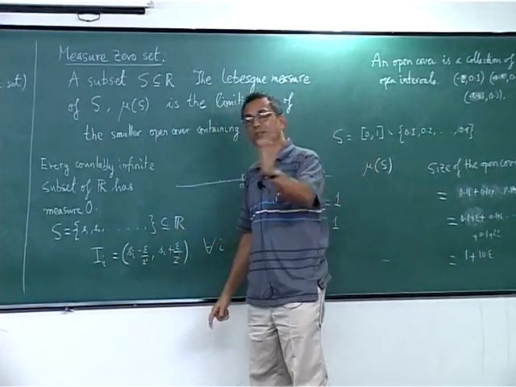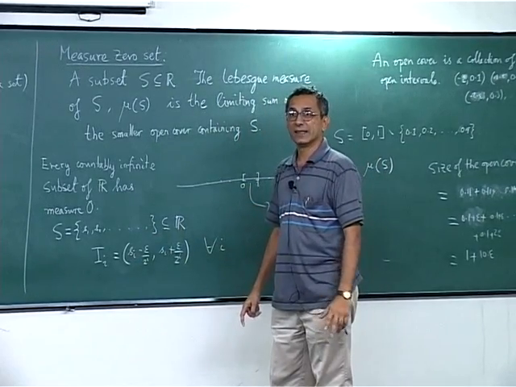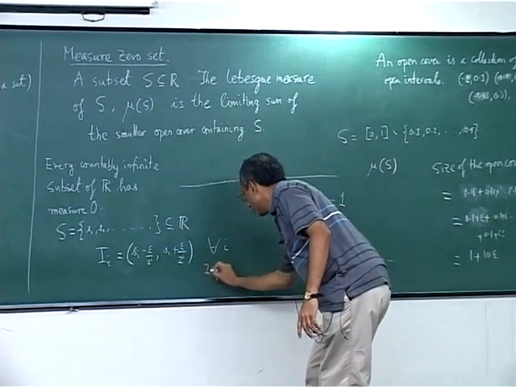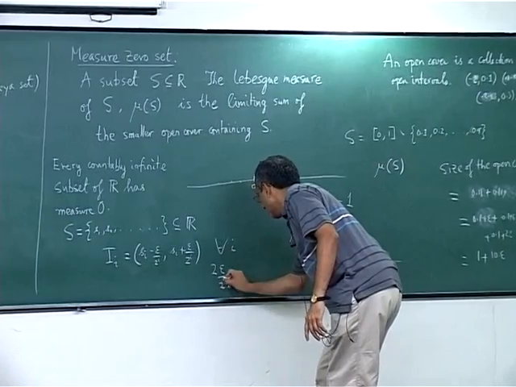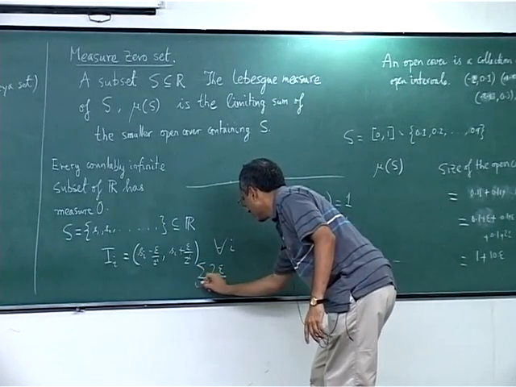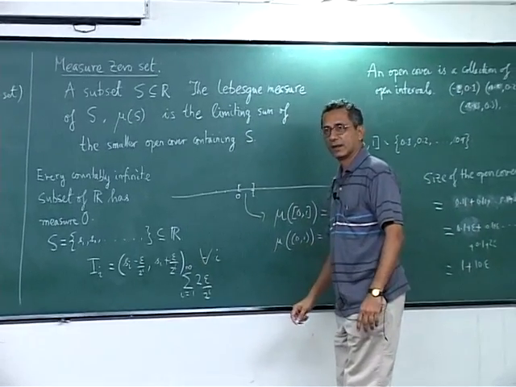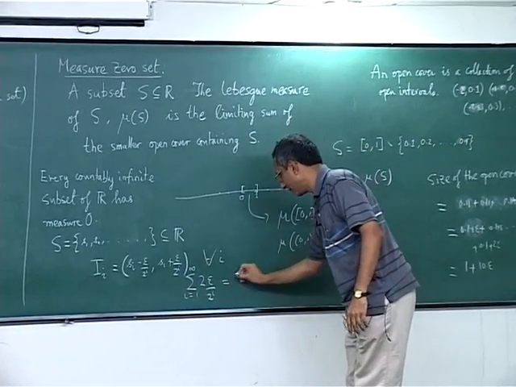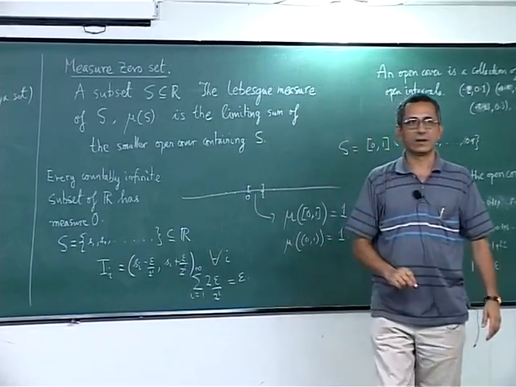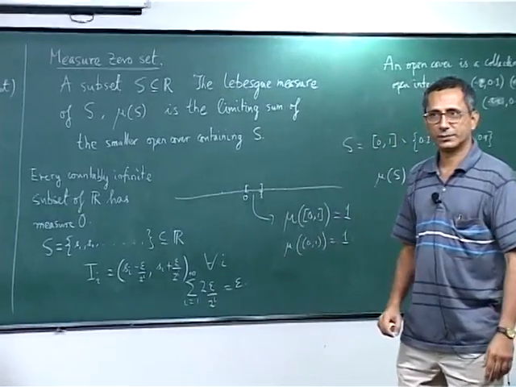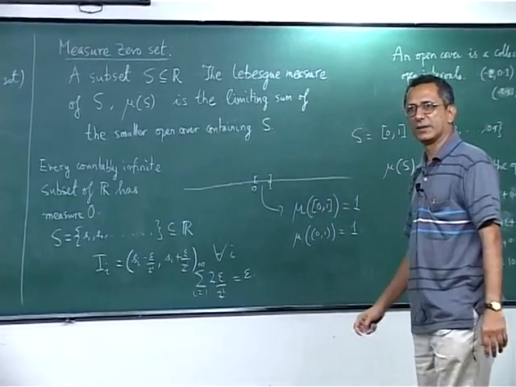What is the sum of the lengths of these intervals? That is 2 times epsilon by 2 power i, summation i goes from 1 to infinity, and that is epsilon, or whatever, 2 epsilon maybe.